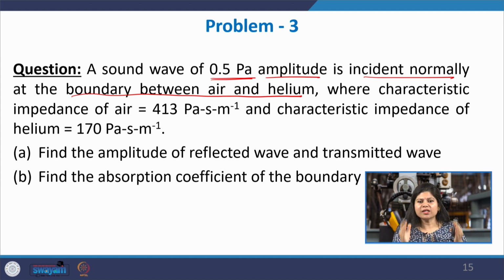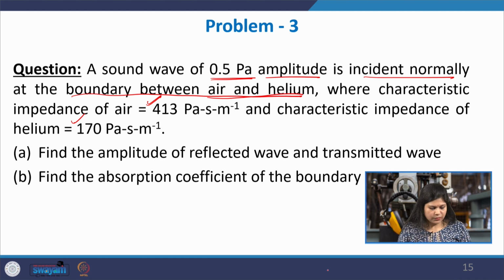So, we assume that air is medium 1 and helium is medium 2. The characteristic impedance of the first medium is given to you and the characteristic impedance of the second medium is given. You have to find out the amplitude of the reflected wave and transmitted wave and also the absorption coefficient of the boundary.